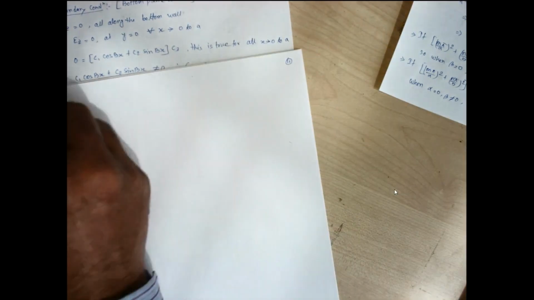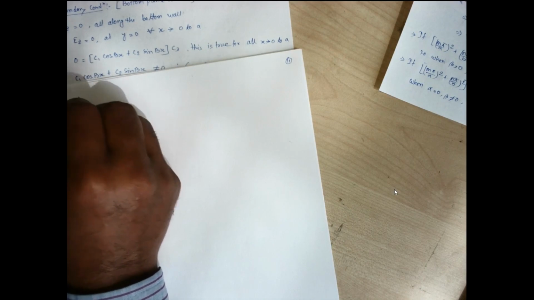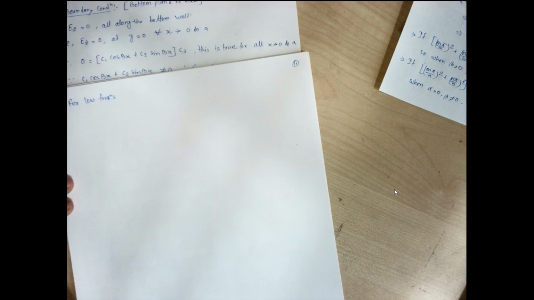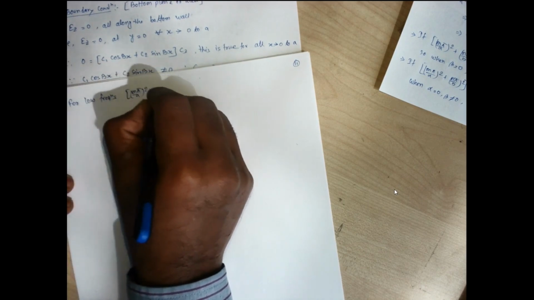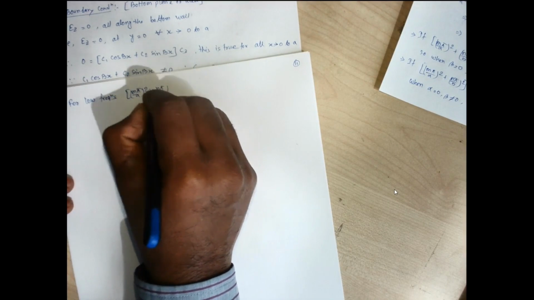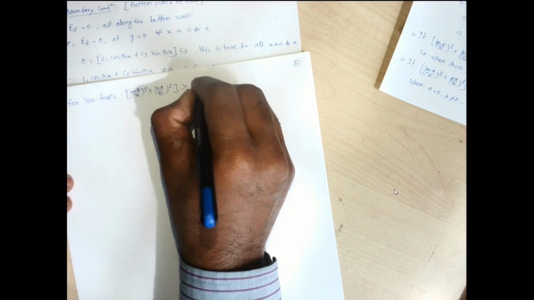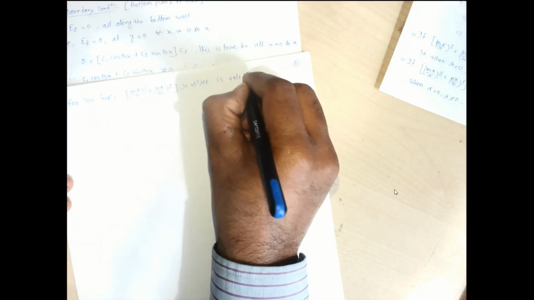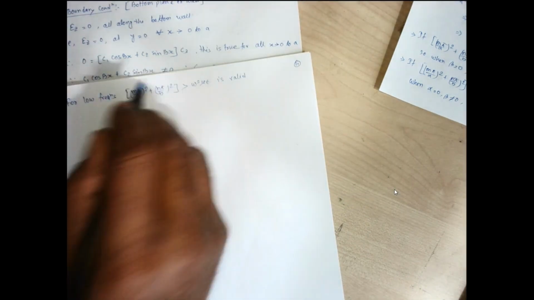So for low frequencies, (m pi by a) whole square plus (n pi by b) whole square greater than omega square mu epsilon is valid, right? For low frequency, when omega is low, we can say yes, this value is greater than this.